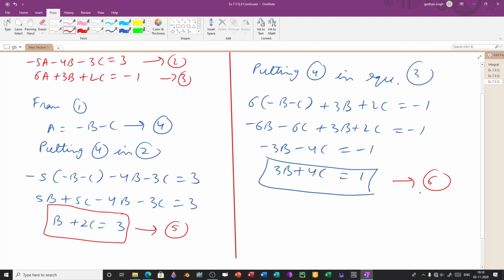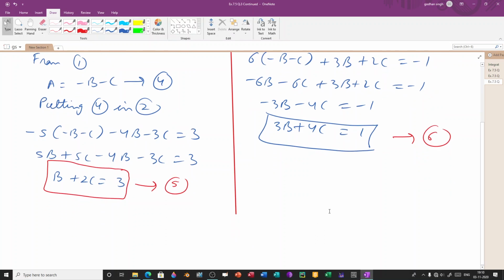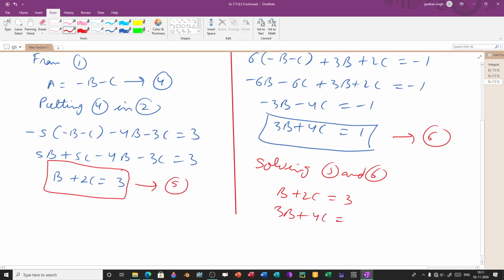Now we'll solve equations number 5 and 6 by the method of elimination, or we can use the substitution method also, and then we'll be able to get the values of b and c. So solving 5 and 6, we have b plus 2c equal to 3 and 3b plus 4c equal to 1.